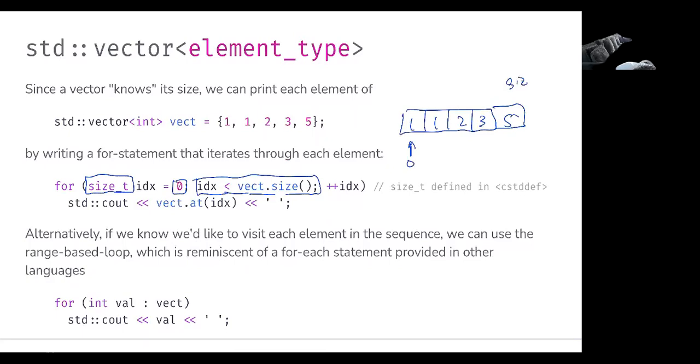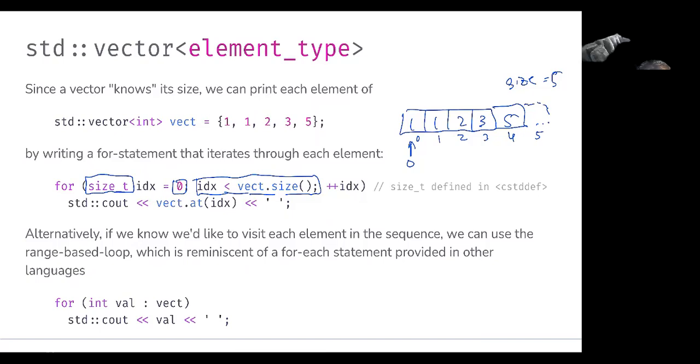And remember, size here is going to be 5. However, the valid indexes are here. So when we're here, we want to terminate the loop and not execute the body of the loop. So 0 is going to be less than the vector size in this condition. We'll jump into the body of our loop. And here, all I'm doing is outputting the value at that index.